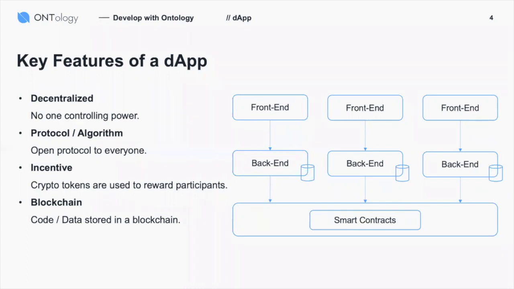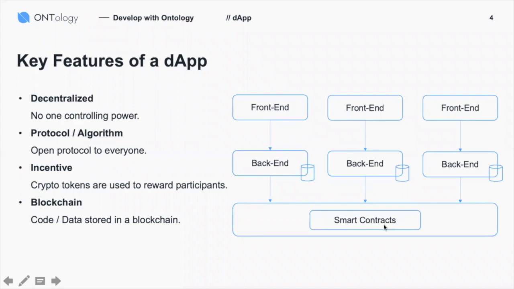The second, a DApp is not just an application, it's a protocol or an algorithm. So it's an open protocol to everyone. The core part of the open protocol is in the smart contract.